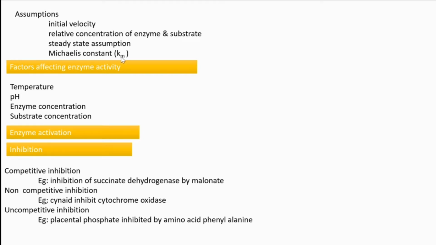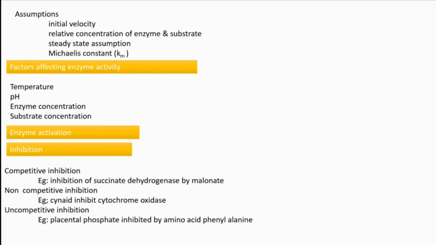So Km is actually the concentration of substrate needed to carry out the reaction at half Vmax speed. Okay. And also it means that 50% of enzyme molecules are bound with the substrate. That also we need to understand.